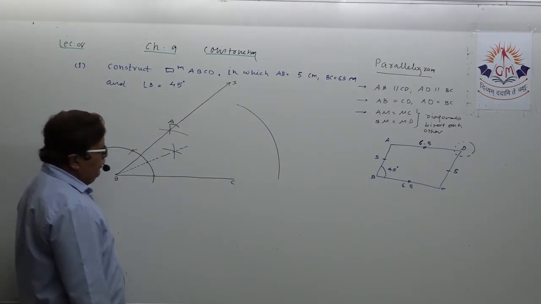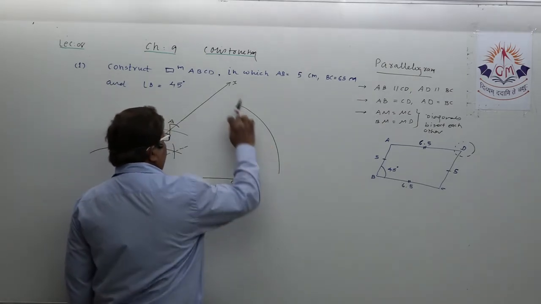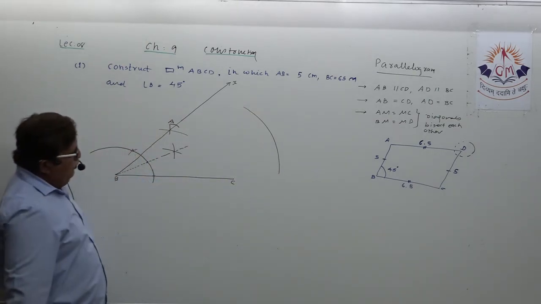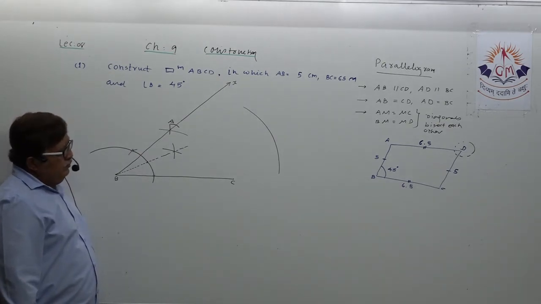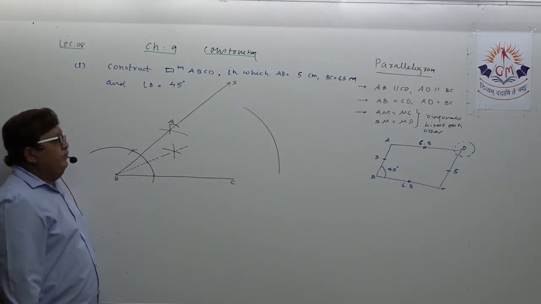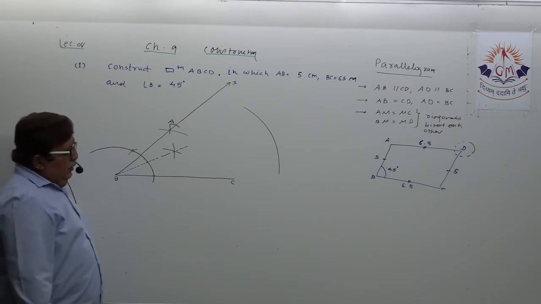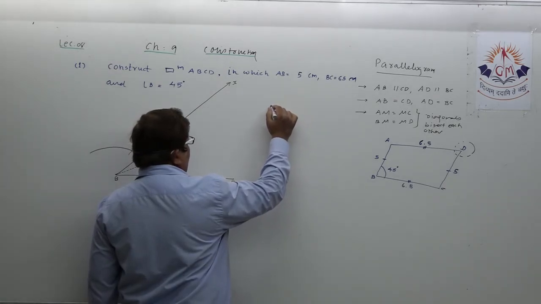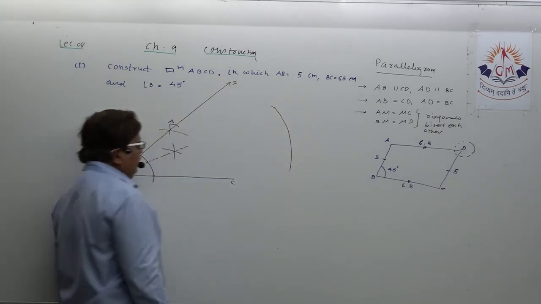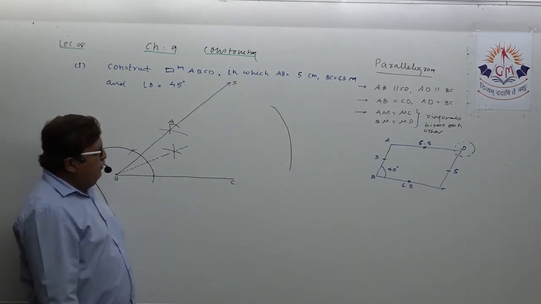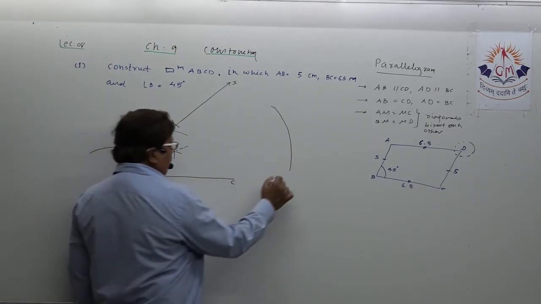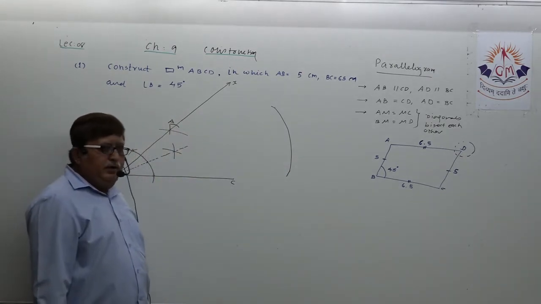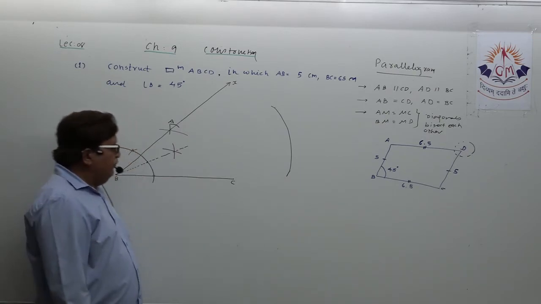Centering the compass at point C and taking a radius of 5 centimeter, draw an arc. You may get this arc somewhere here also, dear student. Nothing to worry about at all, because you are doing it in your book with exact precise measurement, so you do not have to worry about the position of the arc, where it will rest.